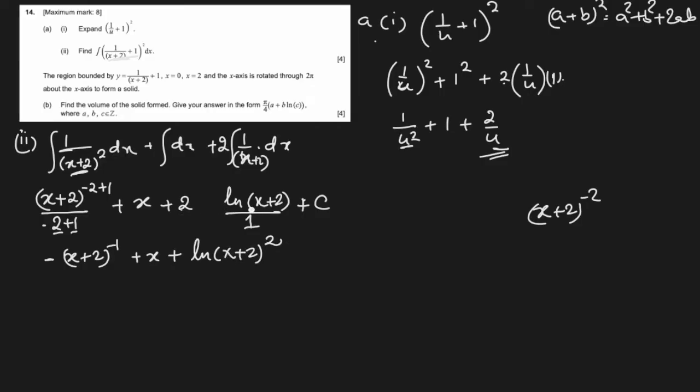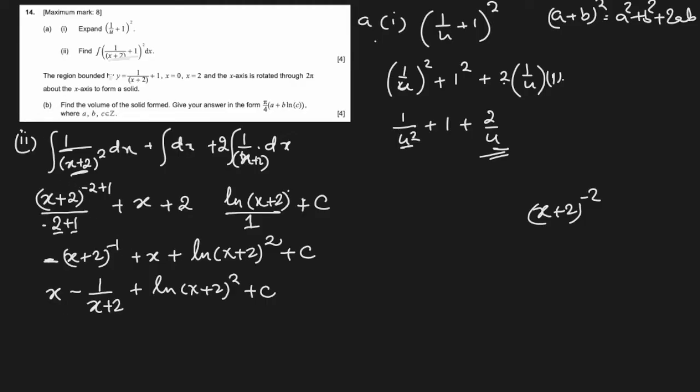Because this is a coefficient multiplying here, it will become its exponent, plus c. Let me make this positive: I'll write x first, then minus 1 over (x plus 2). That's what it will become. Plus natural log (x plus 2) whole square plus c integrated.